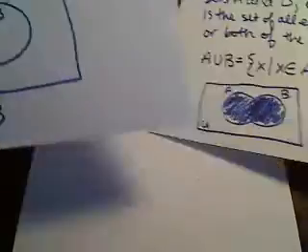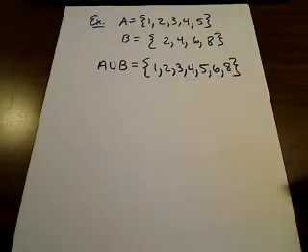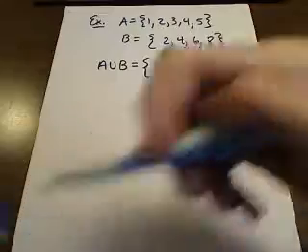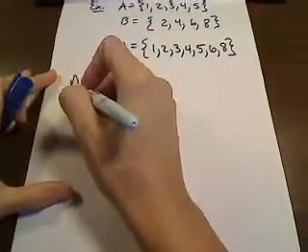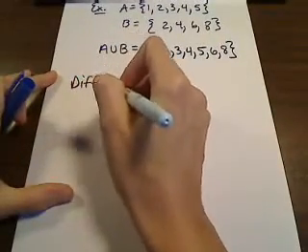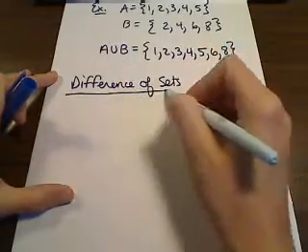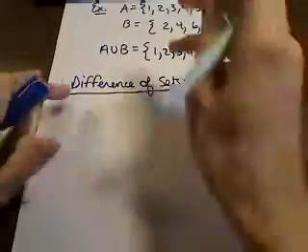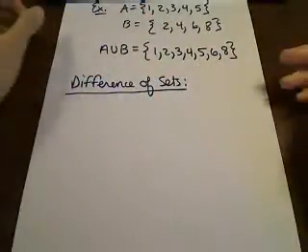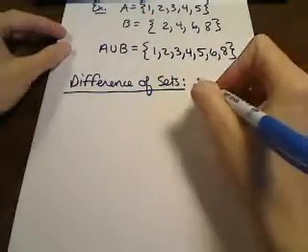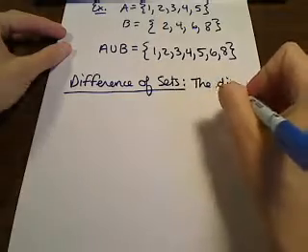Okay, so let's see. The next thing we need to talk about is the difference of sets. And the difference of sets is basically what you would expect it to be. The only thing here is you have to make sure that you get the order correct. So we say this for the definition.